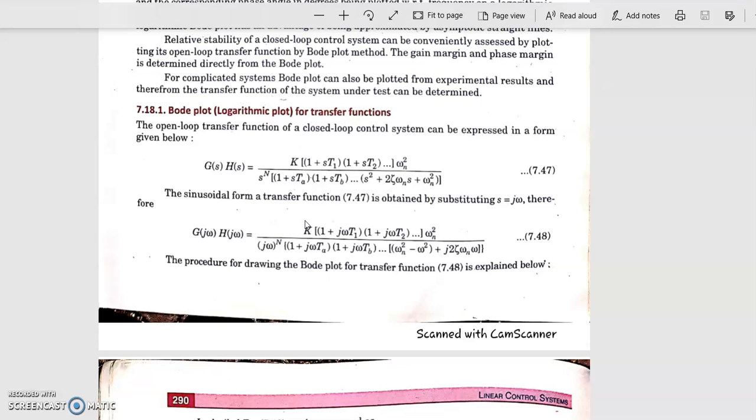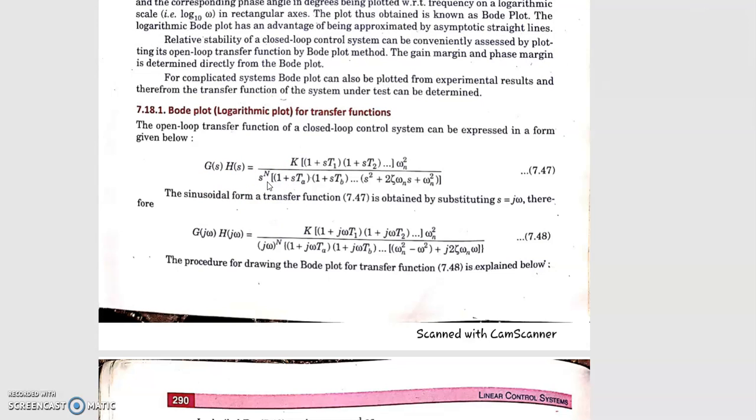If capital N is equal to 1, then it will be a type 1 system. If capital N is equal to 2, then it will be a type 2 system and so on. This factor is very important, s raised to power N, because it indicates the type of system and also clarifies the nature of the response in the magnitude plot.